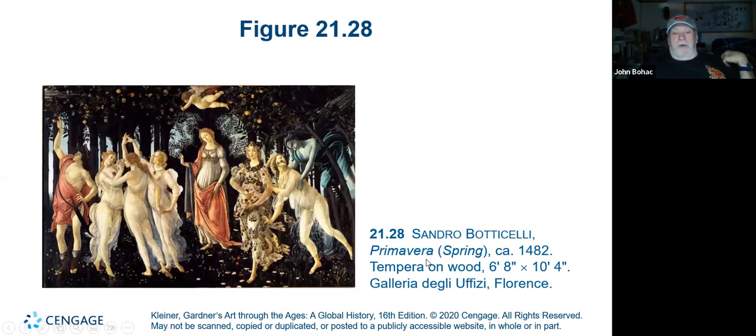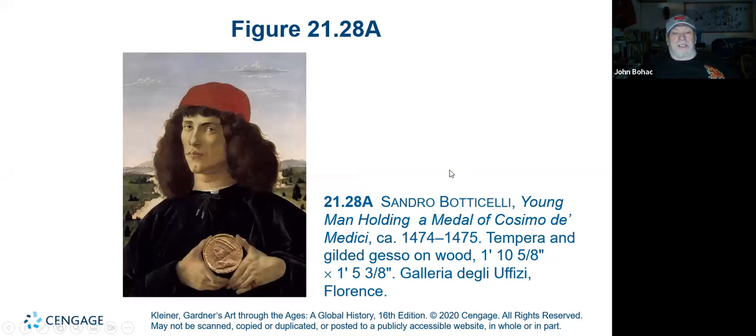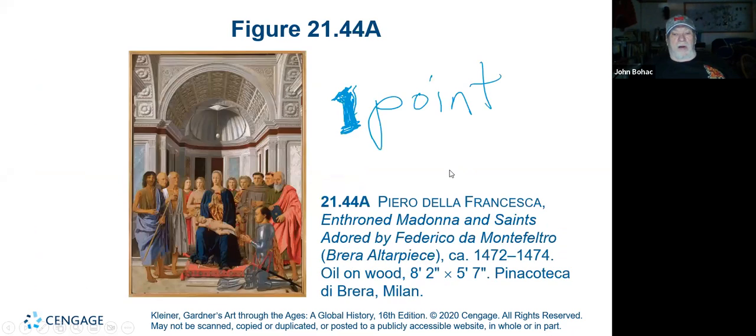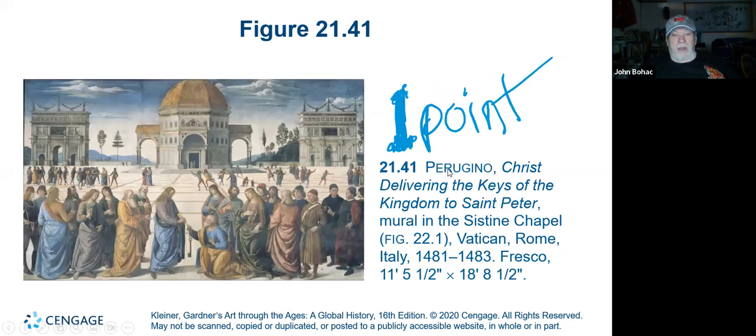Sandro Botticelli, Primavera, Spring. We start to see this. This is actually kind of a combination of Christian and, excuse me, classical art. And you would know this a little more. There it is.